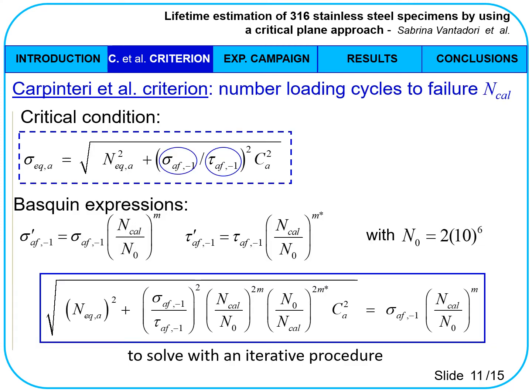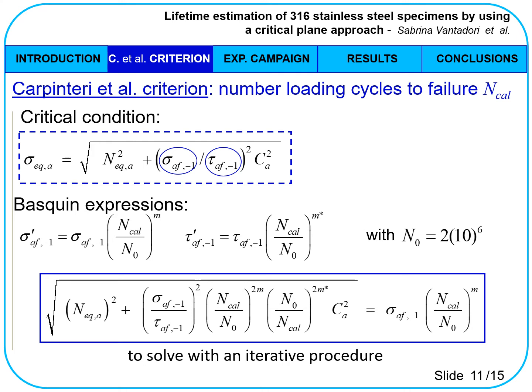Finally, according to the Carpinteri criterion, the number of loading cycles to failure NCAL can be obtained from the iterative solution of the expression shown on the bottom.